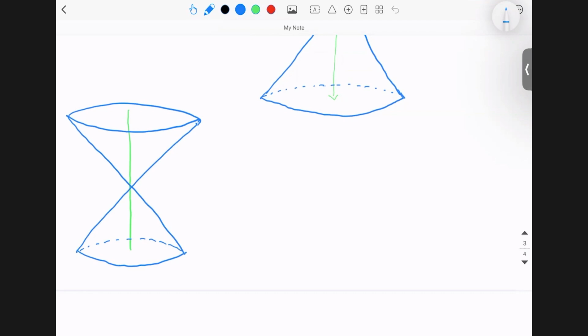Okay, and somehow we can think of it like this, that this plane touches both the conics.